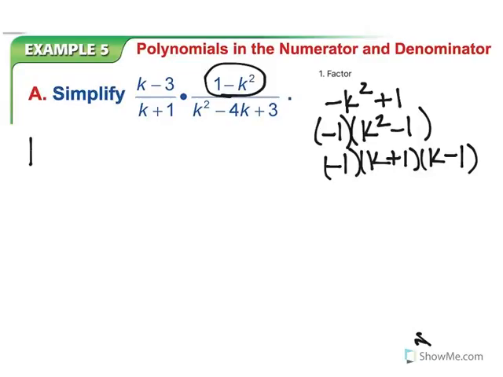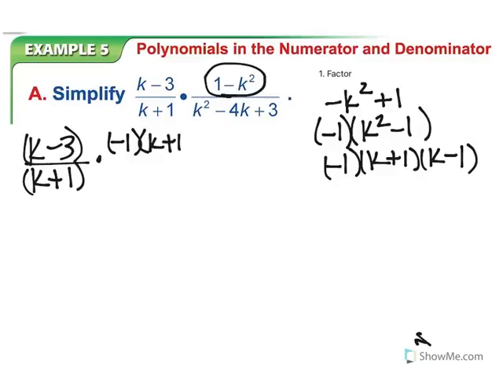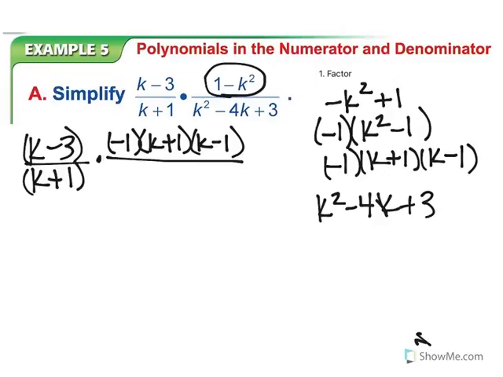Okay, so I'm going to rewrite this as k minus 3 divided by k plus 1 times negative 1 times k plus 1 times k minus 1 over, now we have to take k squared minus 4k plus 3, and we have to factor that as well.